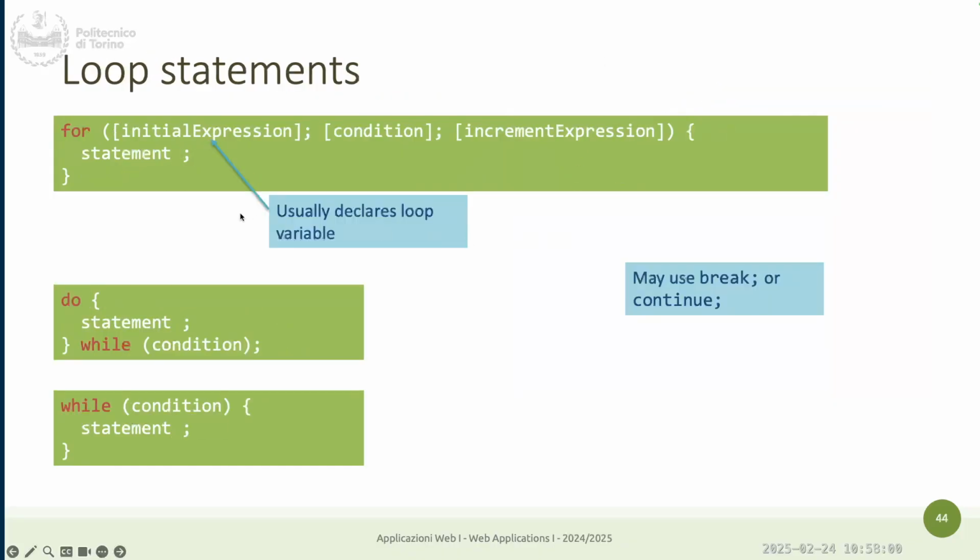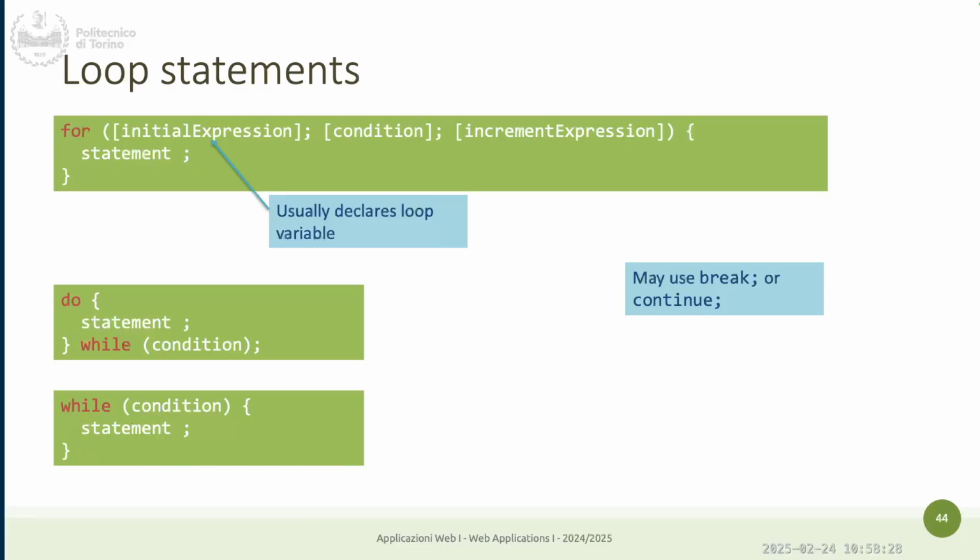We have loop statements, so the classical three-block loop in C, so for i equal to 0, i less than n, i plus plus, for example. Normally the difference is that we can either use an existing variable for the loop control, or in most cases we can define a variable there.